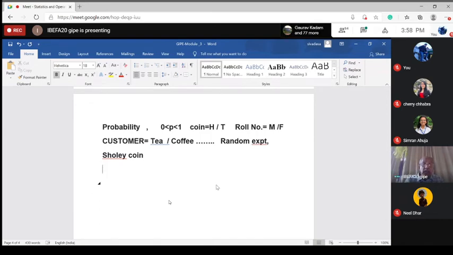Because in every project, every survey work, every research area, available information is only a sample. But how much belief you can have on the sample, we don't know.